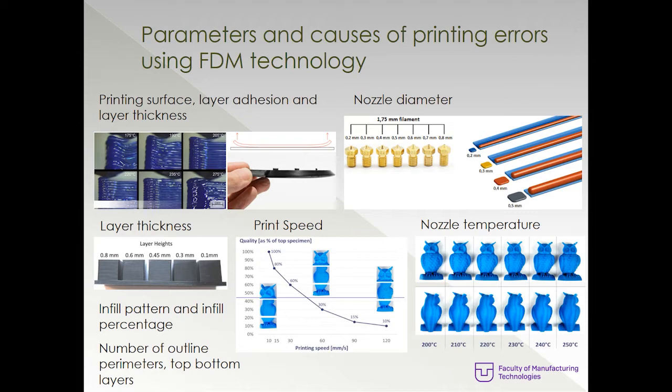Next parameter is nozzle temperature. Temperature affects the visual result and the mechanical properties of the print. The type of material used is important. Next parameter is infill pattern and infill percentage and number of outer perimeters to bottom layers.